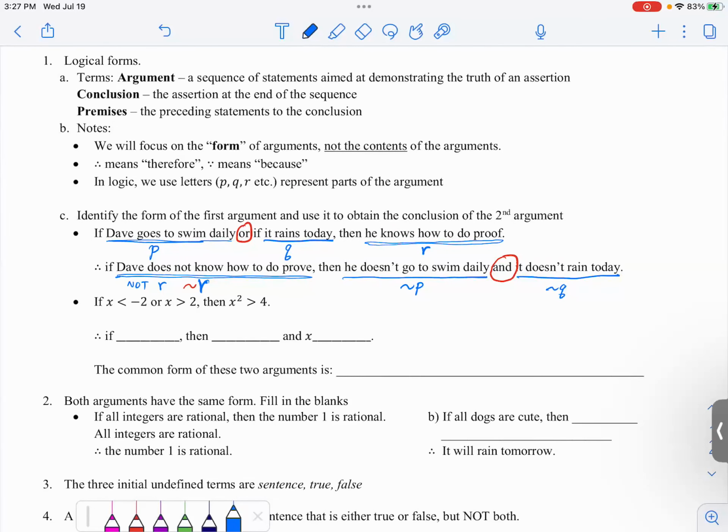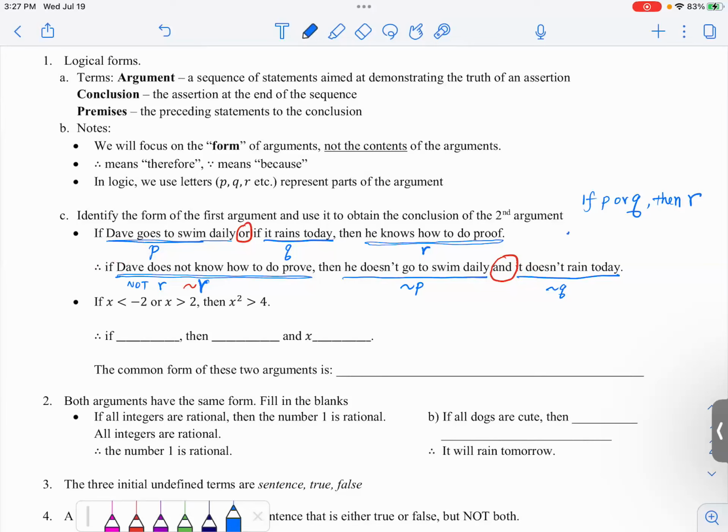So if I summarize what I see, this is what I see. The premise here is if P or Q, right? If P or Q, then, so this is a conditional statement, then R. Now take a look at the conclusion.